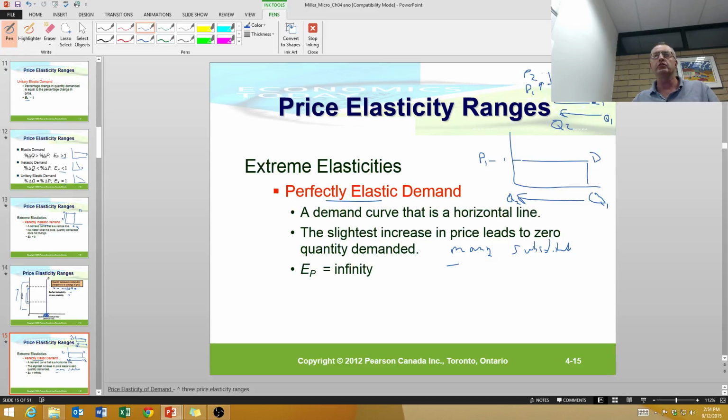If Coke and Pepsi are the same price in the market, and Coke increases their price by 25 cents a can, people are going to drop Coke like a hot potato and move to Pepsi because they view Pepsi as a perfect substitute for Coke. That's the extreme theory. Any increase in price kills the quantity demanded for that particular product.